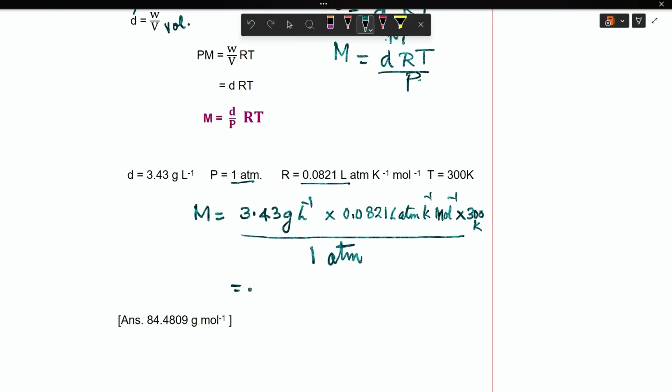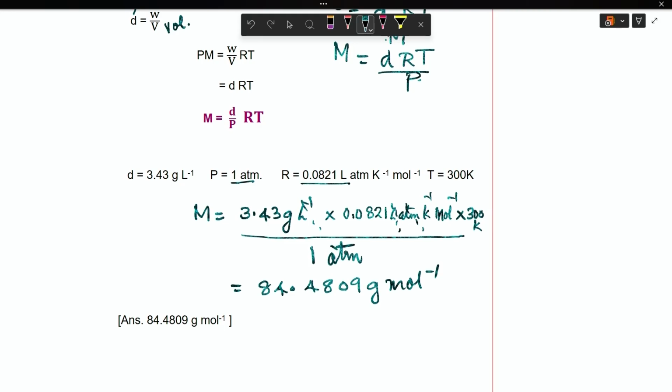Okay. So, by calculating, you will get the value as 84.4809 gram per mole. Now, how does the unit come? Here gram is there, here liter is there, here another liter, get cancelled.